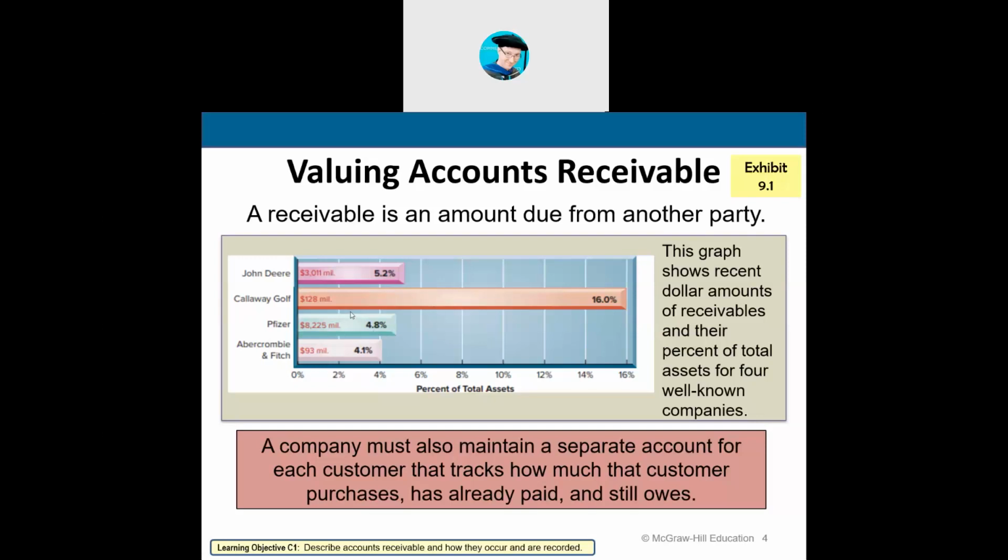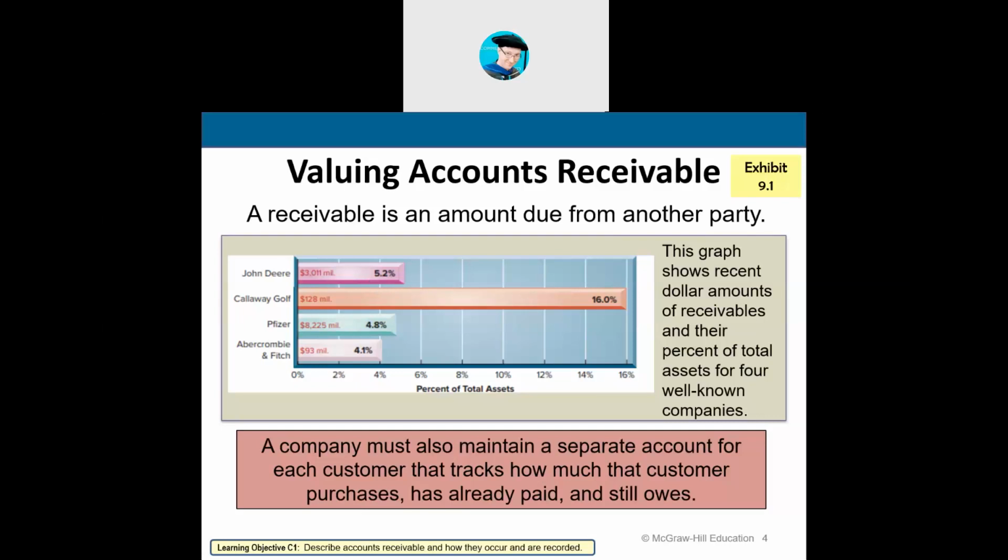And percentage-wise, we want to keep accounts receivable at what we would call a healthy range. And this depends on the company's industry, what the industry standards are, what the industry averages are. Some industries have higher accounts receivable averages than others. But I would also say that typically you would want an accounts receivable percentage to be 10% or less.